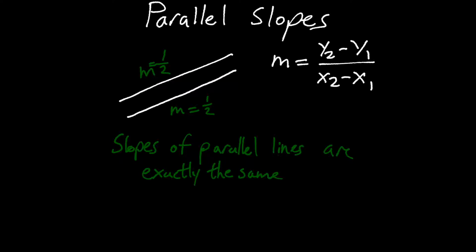If you take 2 points on both of the lines, and they don't have to be straight in line with each other, if you take 2 points here and get a slope, and 2 points there and get a slope, if they are parallel, their slopes will match up exactly. Not close, not just about, exactly. Well, that's about all there is for parallel slopes. Let's talk about perpendicular slopes now.